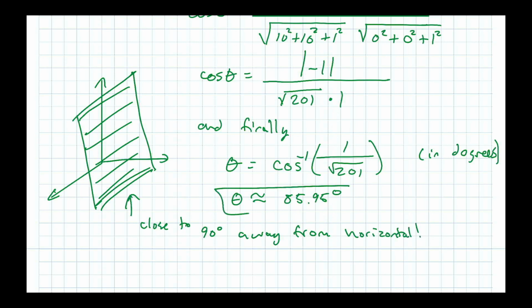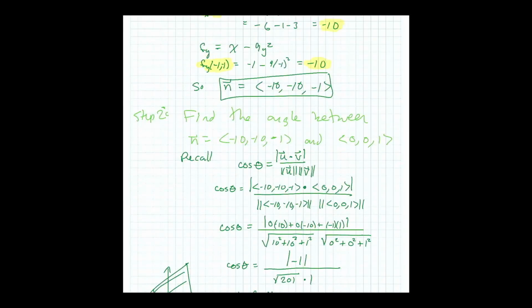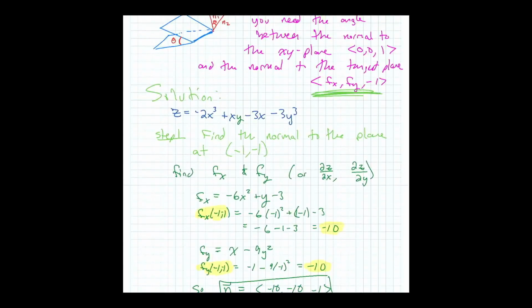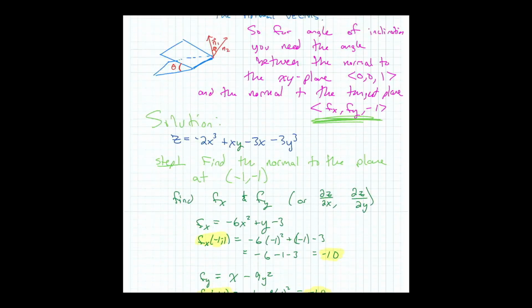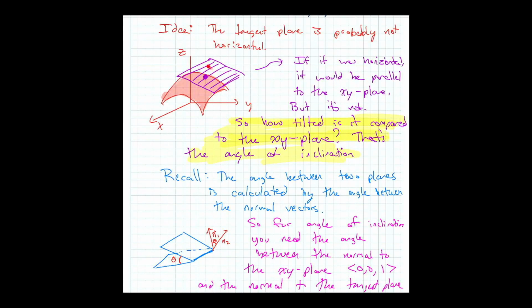All right. So the punchline there was really the logic, which is you find the normal vector, and then you find the angle between the normal vector and 0, 0, 1, using the angle between vectors, because we just want to figure out how tilted is the tangent plane.